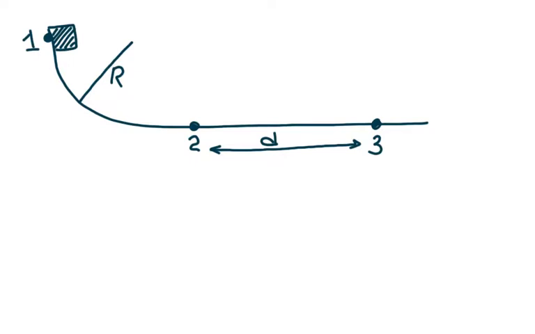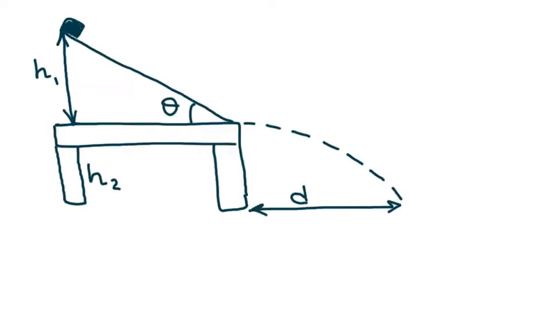In this problem, they say an inclined track is secured to the table. The height of the highest point of the track above the table is h1. The height of the table from the ground is h2.